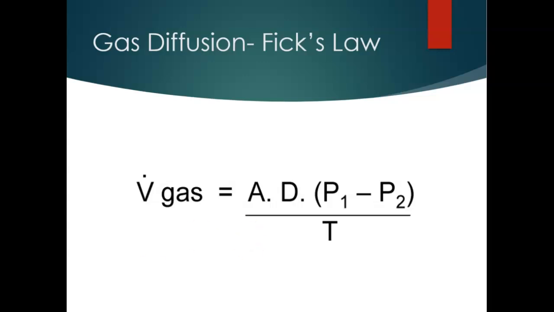D is the diffusion coefficient. That's going to be the same for all of our patients because it's a diffusion coefficient for oxygen. P1 minus P2 is the pressure gradient created by the partial pressure of oxygen in our alveoli versus in our blood. And then T is the thickness of the alveolar wall.